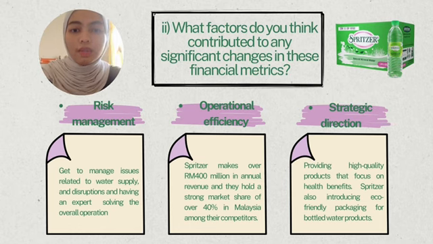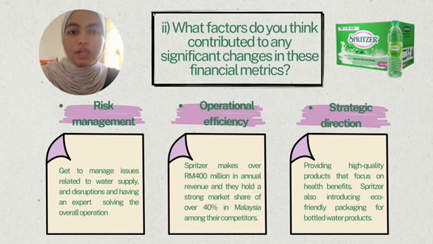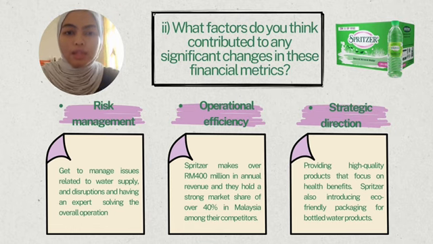To stay competitive, Spritzer focuses on delivering high-quality products that meet consumer preferences and health needs. They also improve internal processes, expand market coverage, and aim to increase sales volume. They are also exploring opportunities in other regional markets.